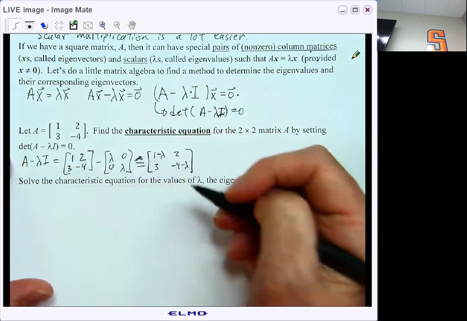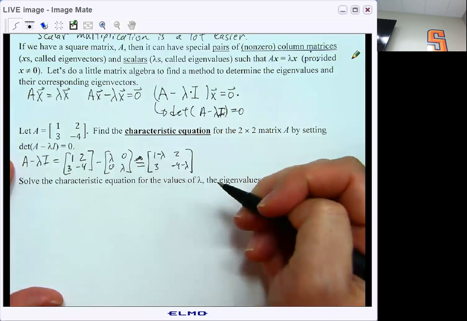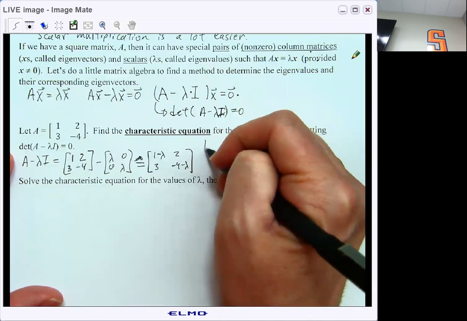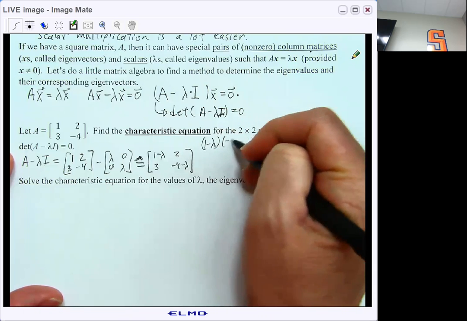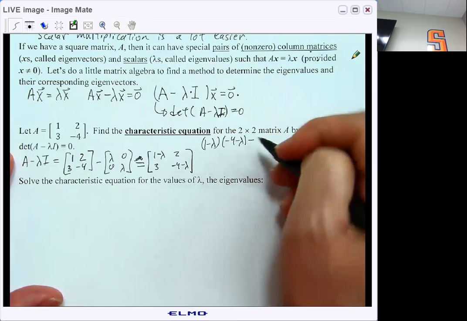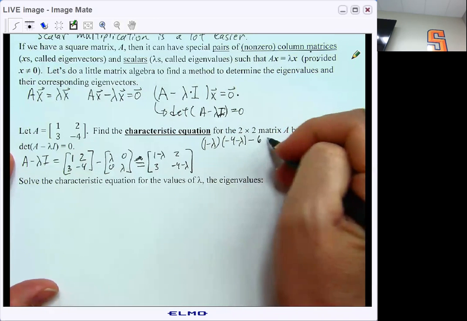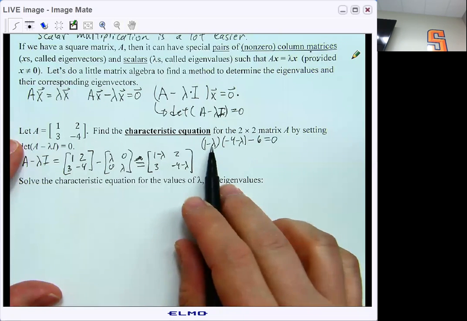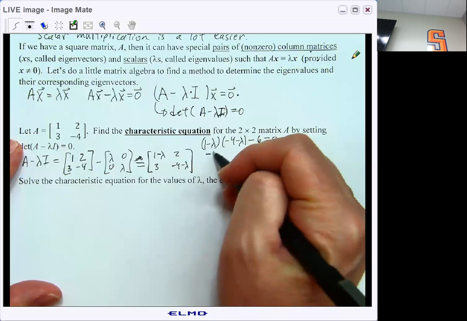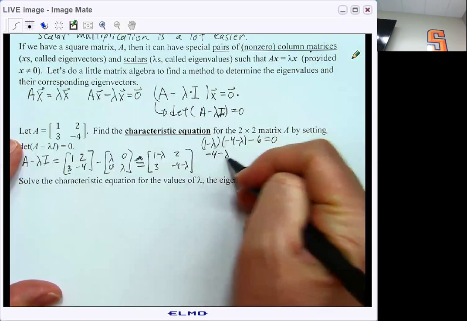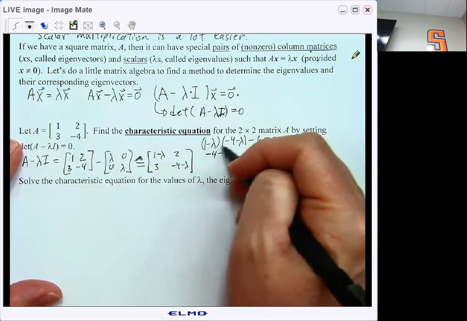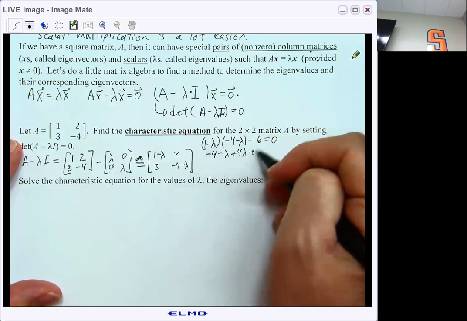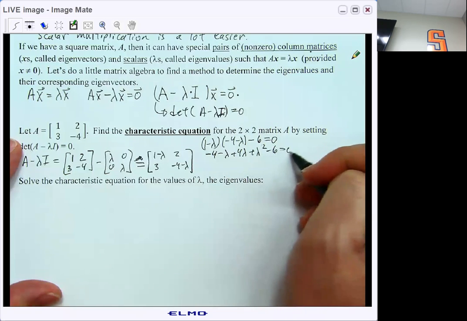If we take the determinant of this 2 by 2 matrix, which is pretty easy, and set it equal to 0, we're going to get (1 minus lambda) times (negative 4 minus lambda) minus 2 times 3, or 6, equals 0. Let's distribute through here: negative 4, minus lambda, plus 4 lambda, plus lambda squared, minus 6 equals 0.